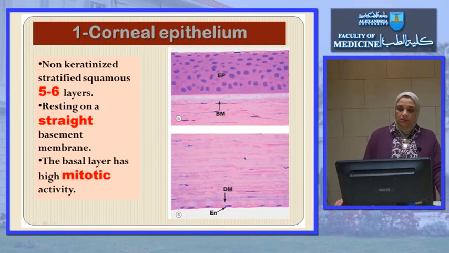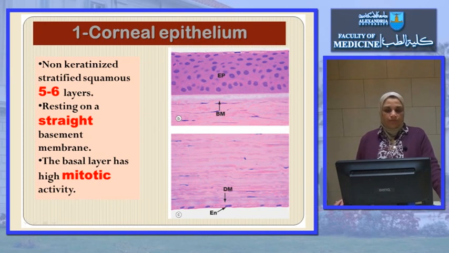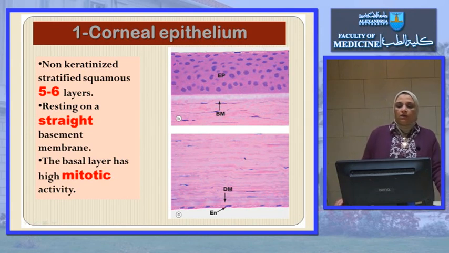But this non-keratinized stratified squamous epithelium is a unique type. There are special characters in it which make it adapt to the function of the cornea. First of all, you have to know that this is the most transparent structure of the eye. Why? Because there are several factors. We'll mention them in our lecture after we discuss the histology of the cornea.